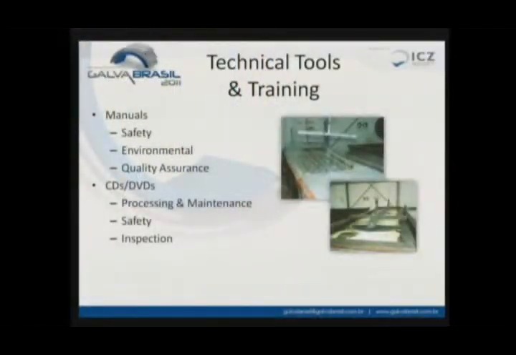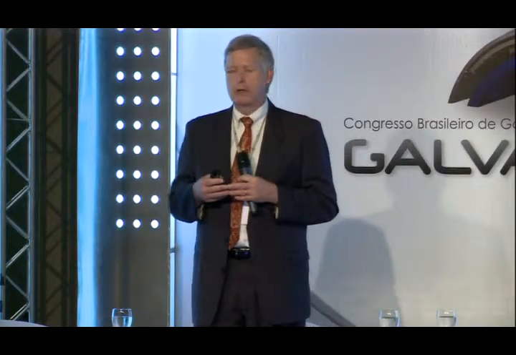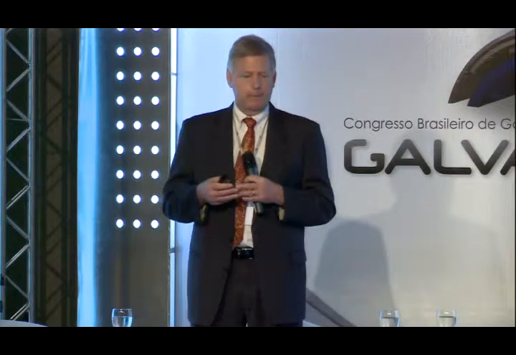There are many manuals, the books to document and teach information. They have a good safety manual to teach the safety in the galvanizing plant, the environmental performance and environmental rules and how to meet them, and quality assurance to teach the quality methods.